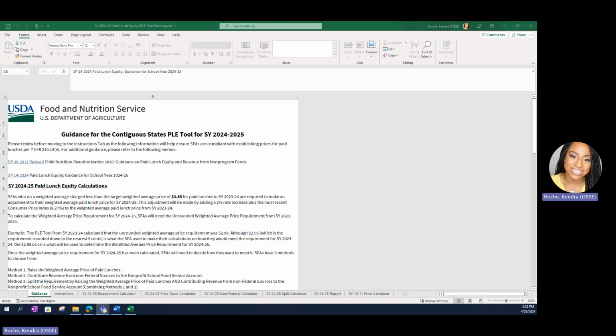For school year 2024-25, SFAs with a positive or zero balance in their nonprofit school food service account as of June 30th, 2023, are exempt from PLE pricing requirements.